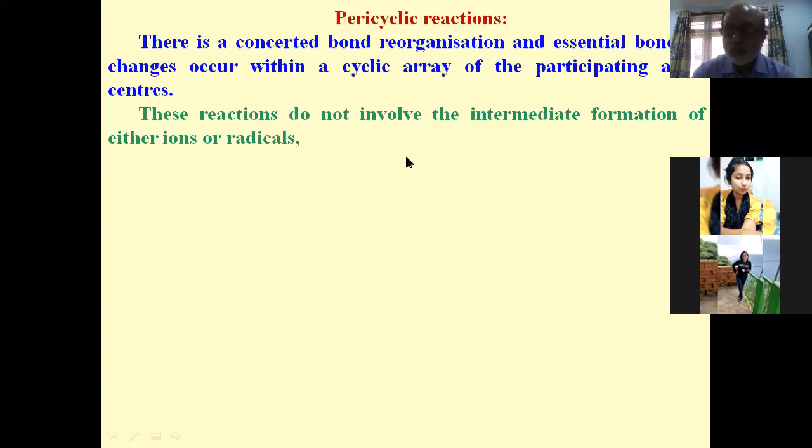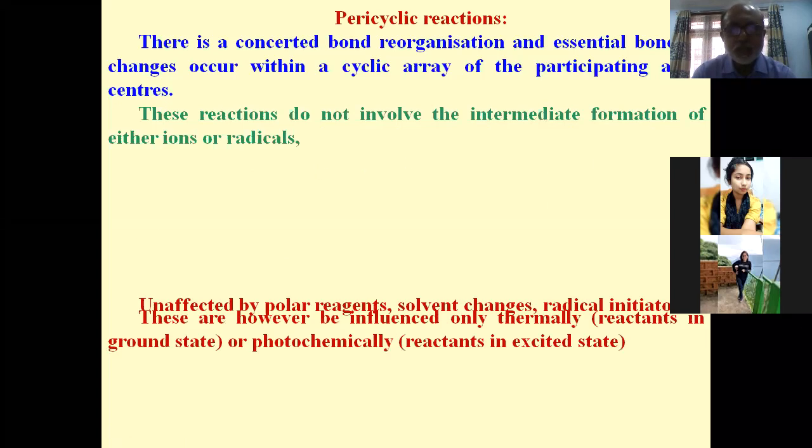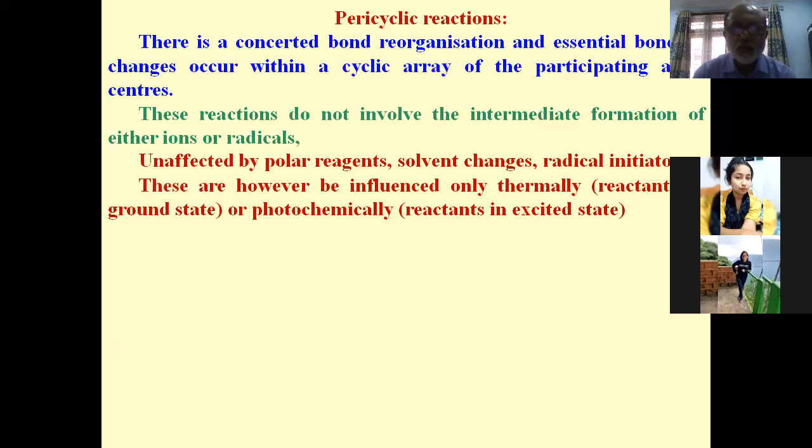So this is an important point about pericyclic reactions. Once it does not have any intermediate, it is not affected by polar reagents. Even solvent changes, polar or non-polar solvent, do not have any effect on the rate of this reaction. Radical initiators also, because there is nothing like that.